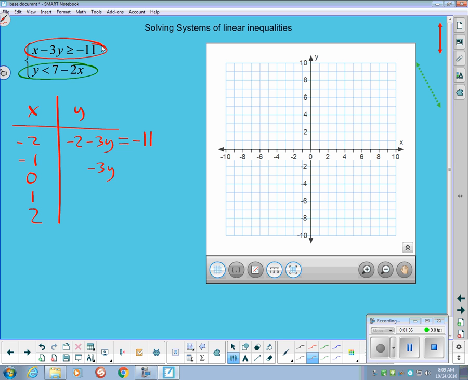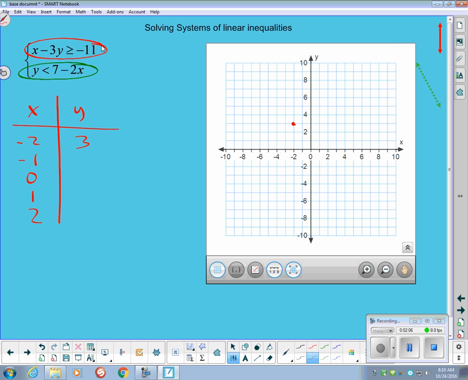So -3y is equal to -9, so y would be equal to 3. I'll get that work out of the way now because I'm in a fairly crowded space. But the point (-2, 3) then is on the graph. That's this point right there, so I'll mark that.